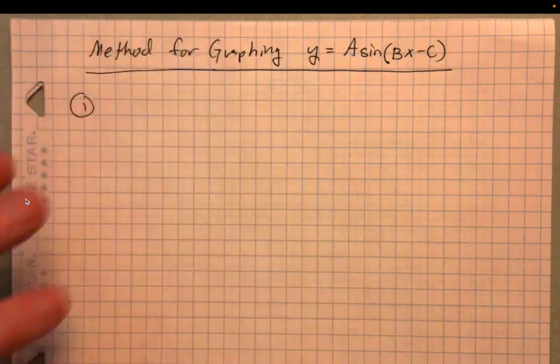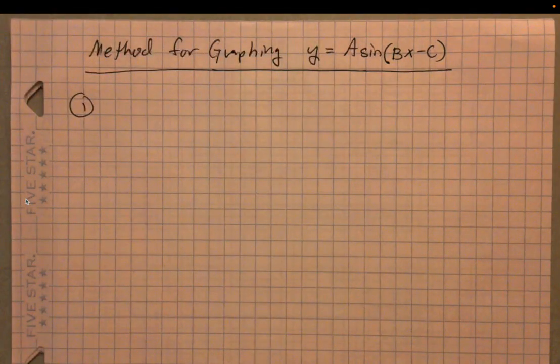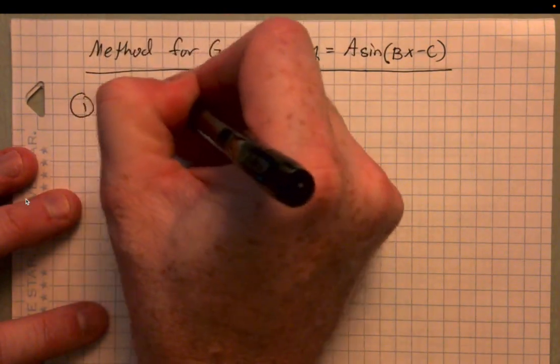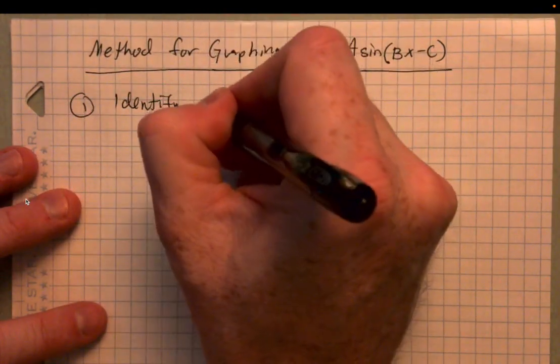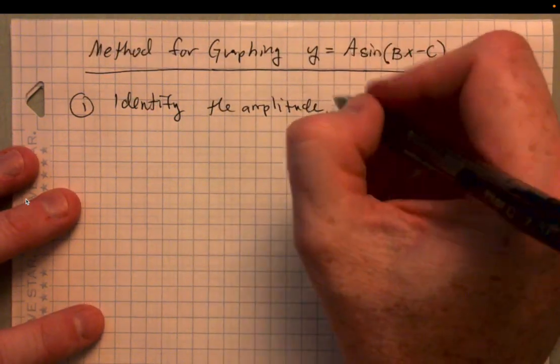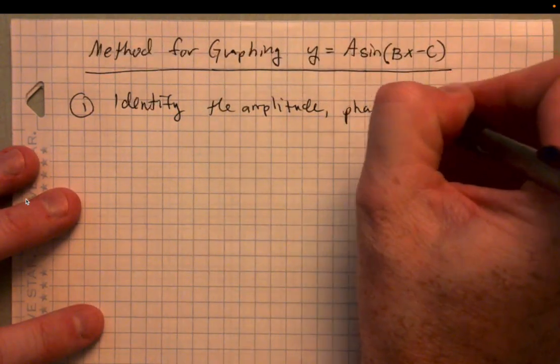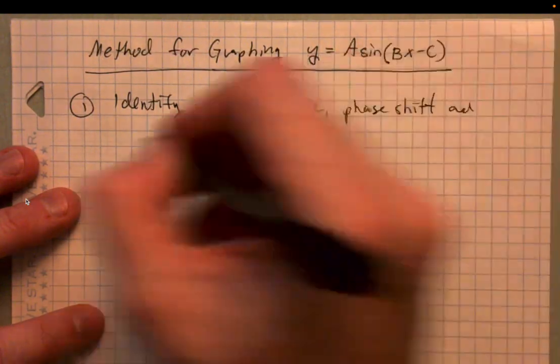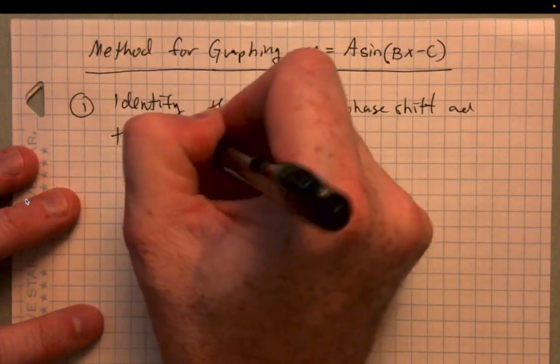Step 1. First thing you have to do is identify the 3 quantities we just described: the amplitude, the phase shift, and the period.